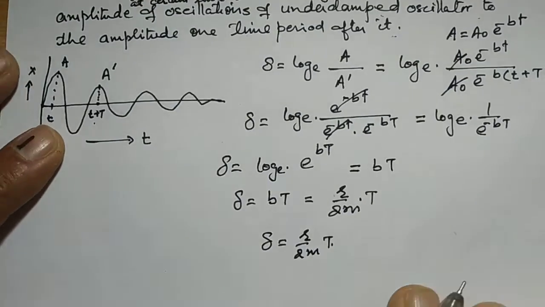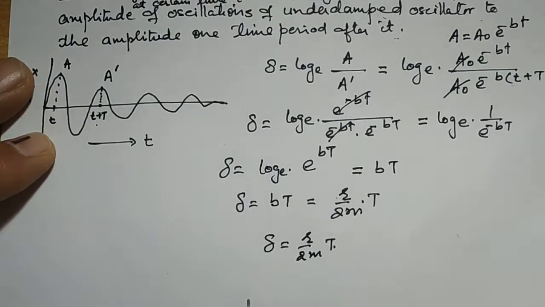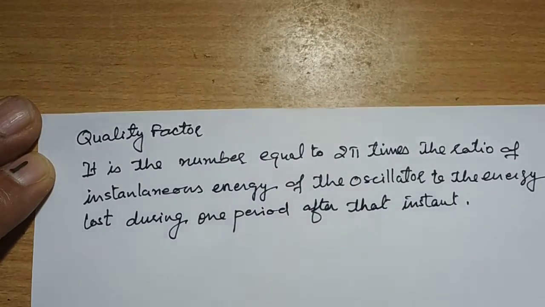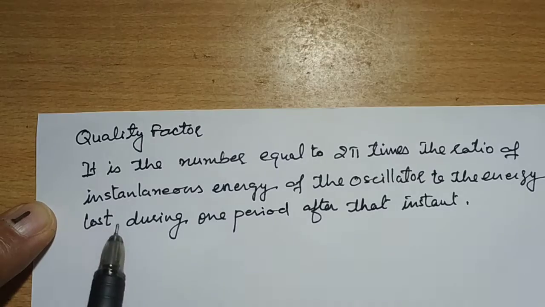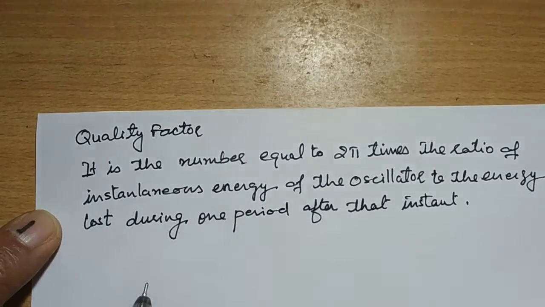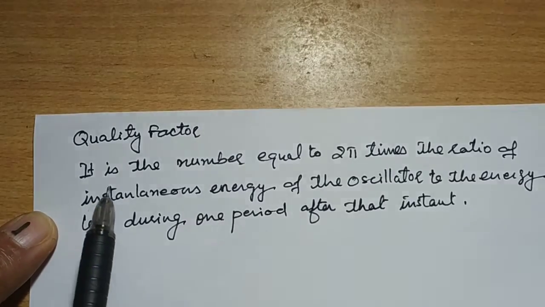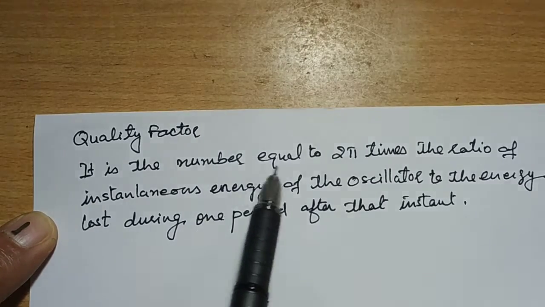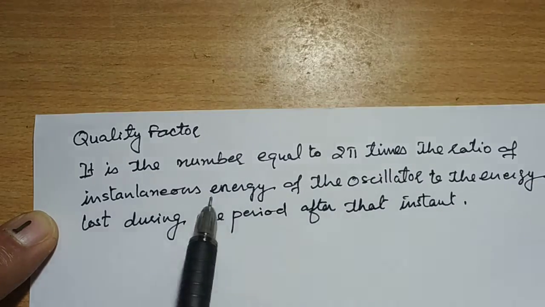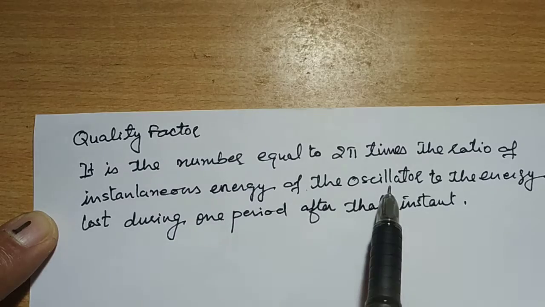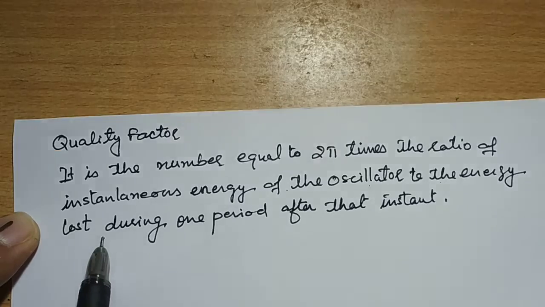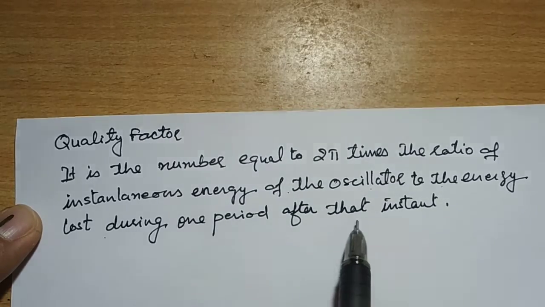And the third thing we have to do now is the quality factor. The quality factor for a mechanical underdamped oscillator is defined as the number equal to 2 pi times the ratio of the instantaneous energy of the oscillator to the energy lost during one period after that instant.